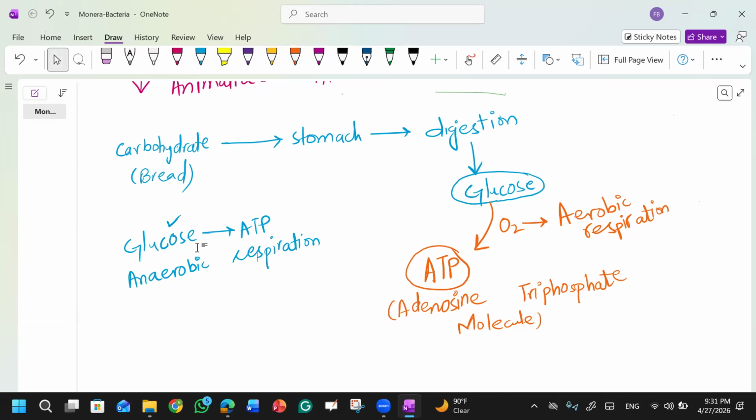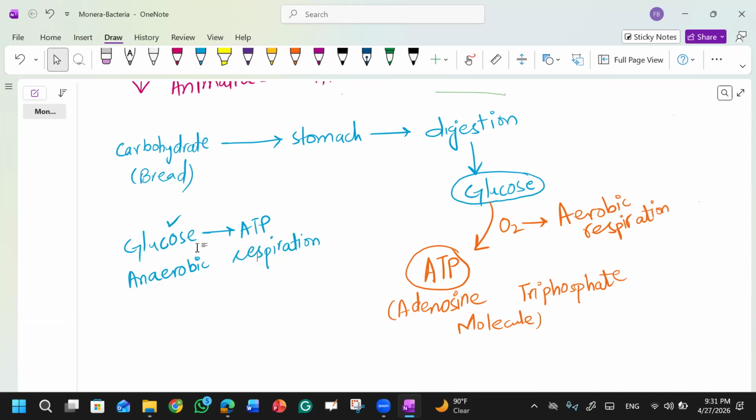Can you tell me the difference between aerobic and anaerobic respiration? Aerobic has oxygen, and anaerobic has no oxygen. Whenever you have a question like this, you will say aerobic respiration is that type of chemical reaction in our body in which oxygen is needed to convert glucose into ATP. Aerobic respiration is the process in which glucose is converted into ATP by using oxygen.